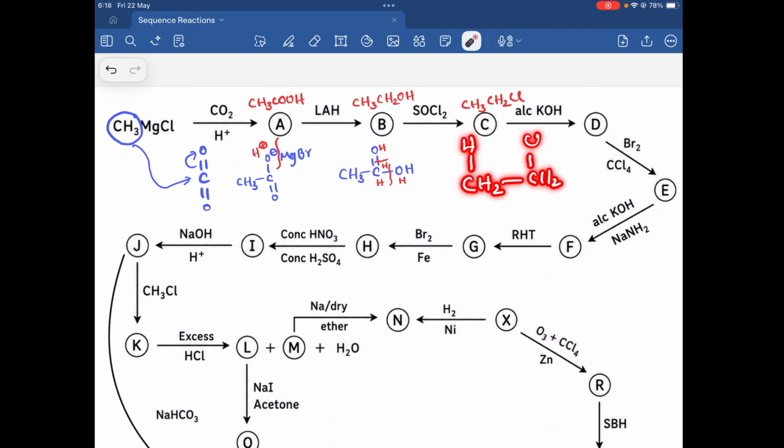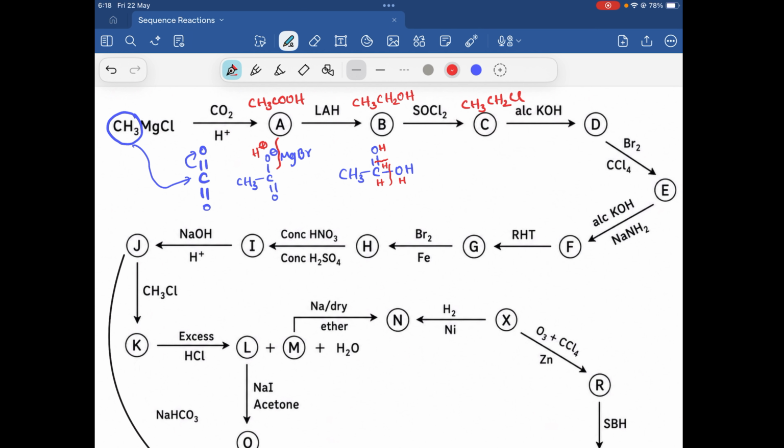See, this CH3CH2Cl I can write like this. So in dehydrohalogenation you can remove chlorine from one carbon and the hydrogen from the adjacent carbon atom, and you will get one extra pi bond. So what is the product formed here? It is CH2 double bond CH2, which is ethene.